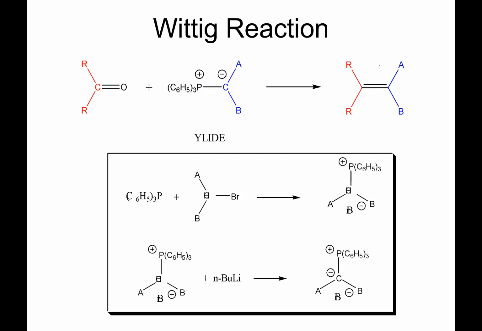And in forming the carbon-carbon double bond, we end up being able to add a whole chunk of what originally was an alkyl halide to that carbonyl group to make a double bond. So the Wittig reaction is important. George Wittig won the Nobel Prize because it's forming a carbon-carbon bond and a carbon-carbon double bond at that.